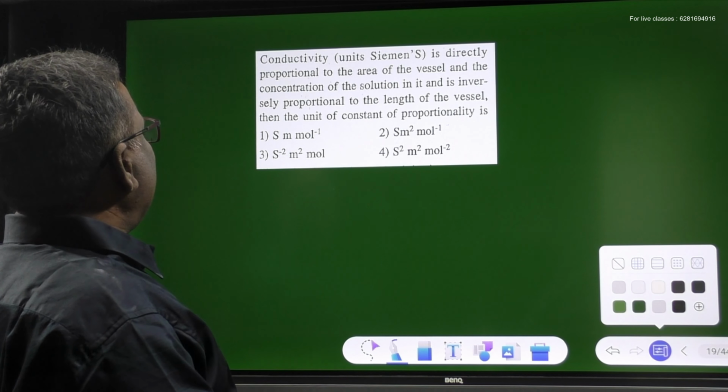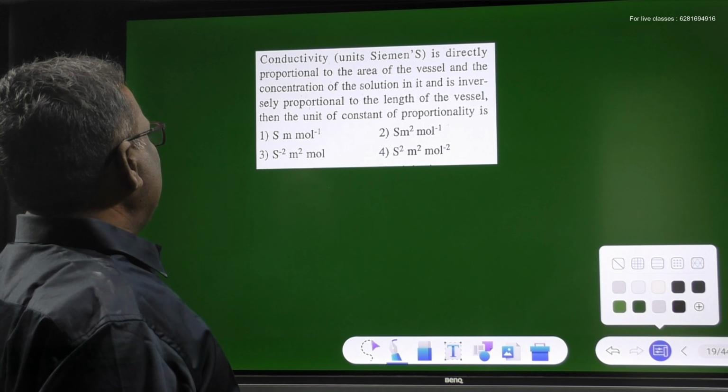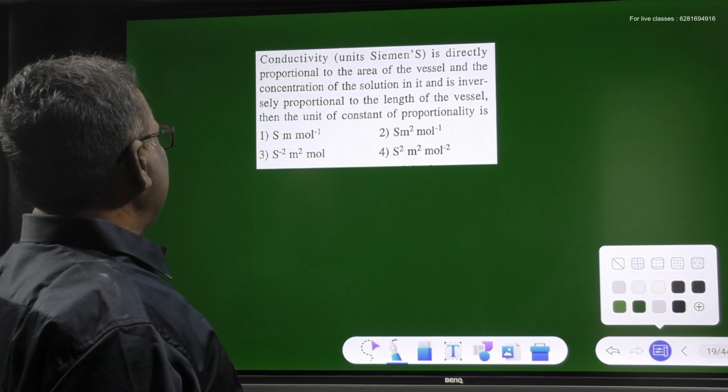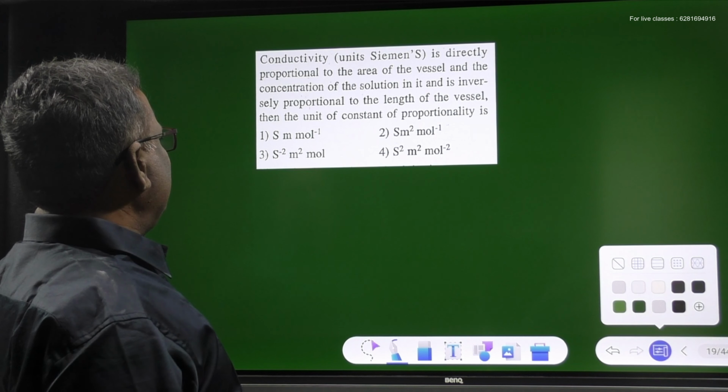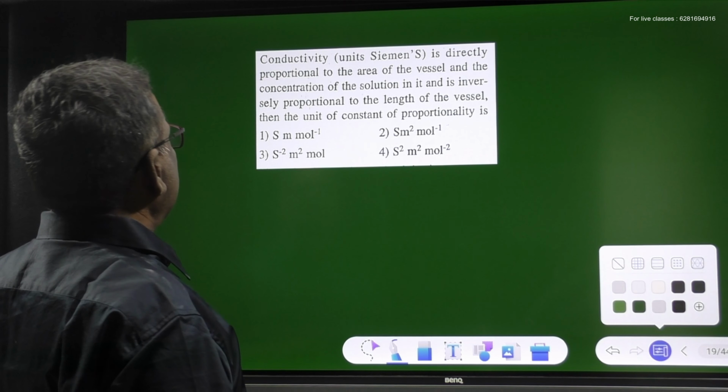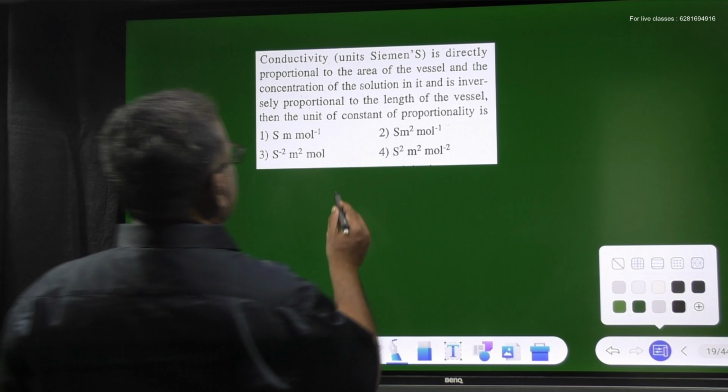Conductivity is directly proportional to the area of the vessel and the concentration of the solution, and inversely proportional to the length of the vessel, with a constant of proportionality.